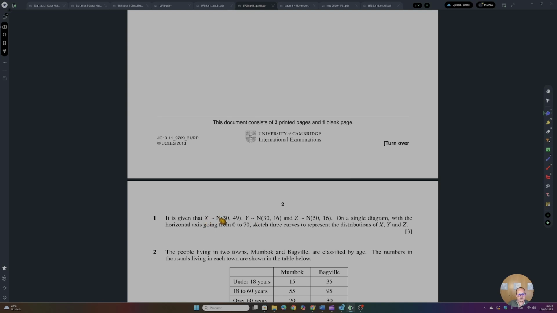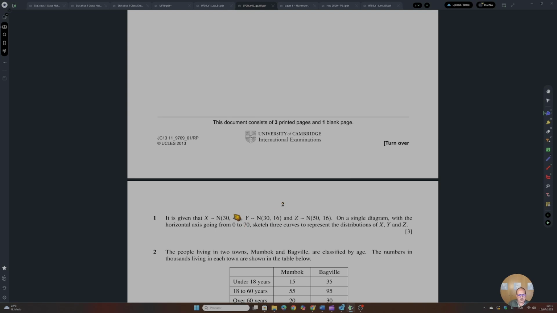If you look, x and y have one thing in common and one thing different. The thing in common is the mean. They have the same mean, all right? But they have different standard deviations. Here, the standard deviation is going to be the square root of 49. Here, the standard deviation is going to be the square root of 16.